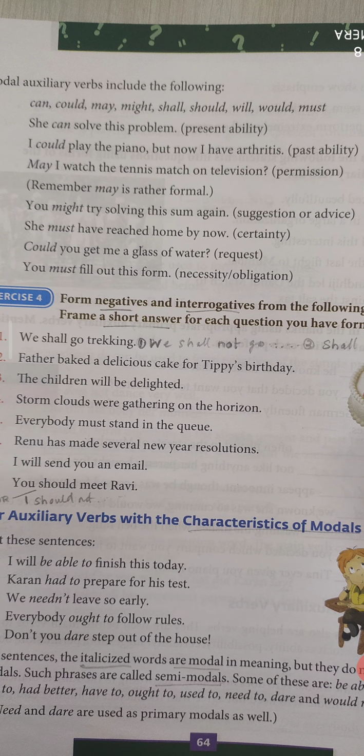Okay. Come to the first sentence. She can solve this problem. She can solve means she has the ability, present ability. At present she can solve. I could play the piano, but now I have arthritis.